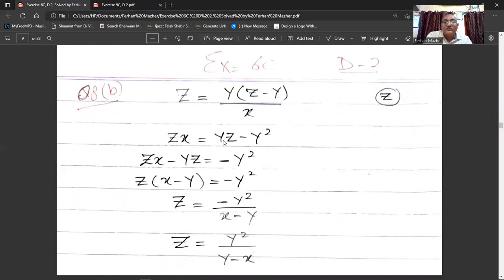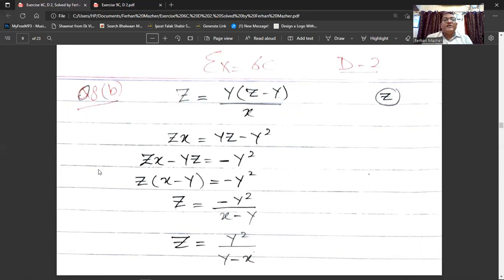So, zx is equals to yz minus y square. And the terms which have z, bring them on the same side. So, the z can be taken common from them. So you will have zx minus yz is equals to minus y square. So z will be equals to x minus y bracket close equals to minus y square. So the z will be equals to minus y square divided by x minus y.